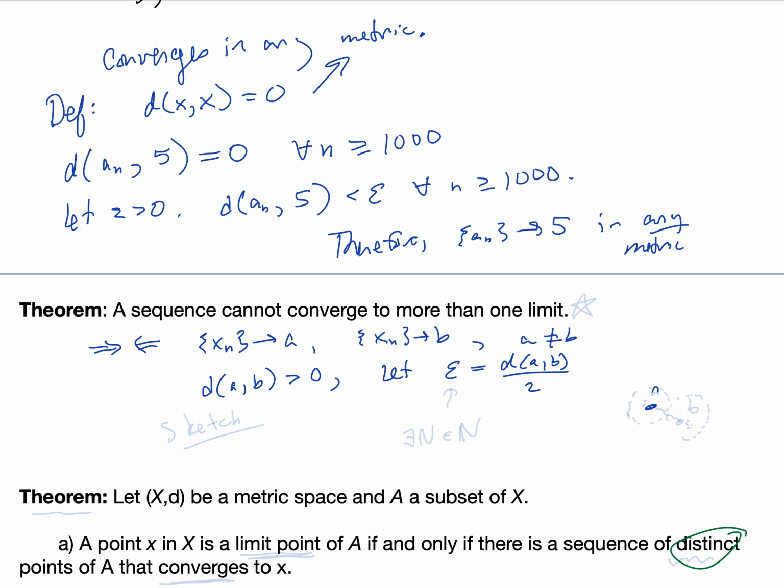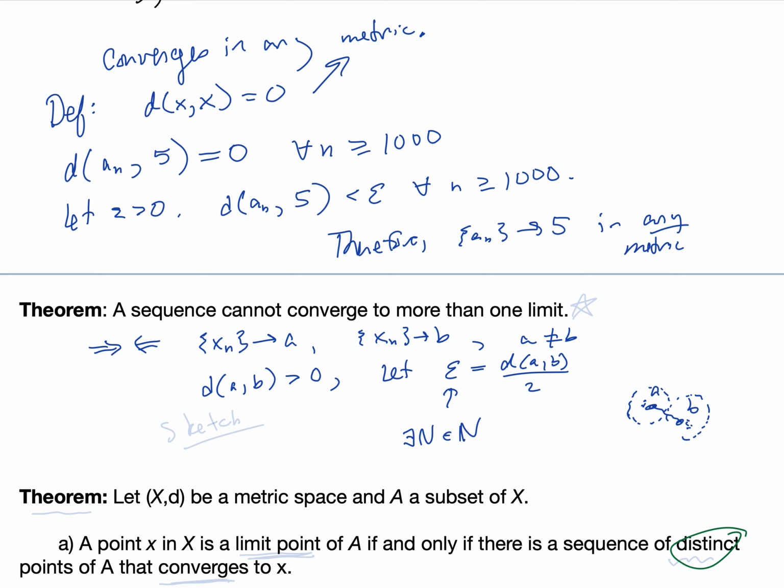Here's A, here's B. It cannot be the case that there is some natural number n such that all points are both in the ball centered at A of radius the distance between A and B over 2, and in this ball over here that's disjoint. So that is where our contradiction comes in: it must be the case that there is some n in the natural numbers such that n greater than that value implies that it's both in this ball and in this ball, and that is not possible.